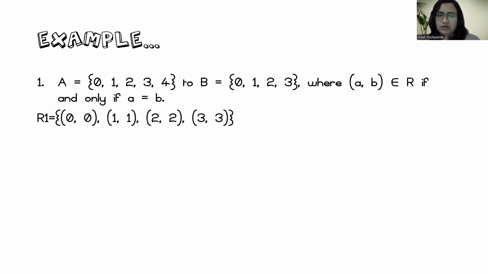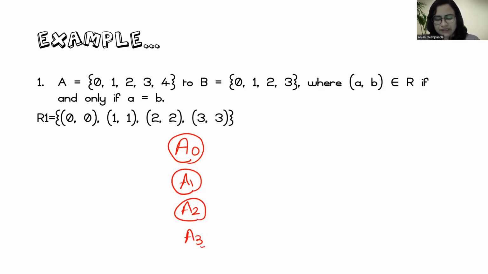So in order to not get confused between the elements, I'll label them as A0, A1, A2, A3 and A4. These are the nodes that correspond to the elements of set A.